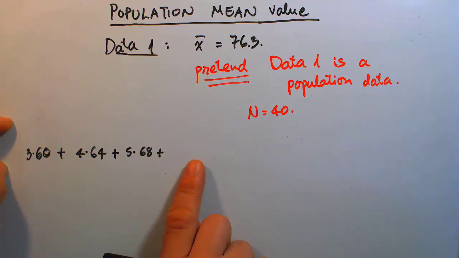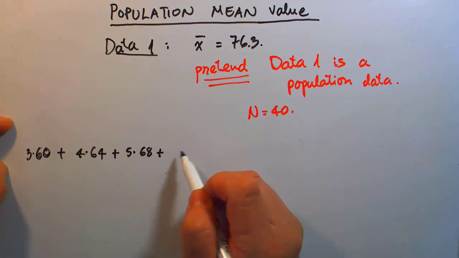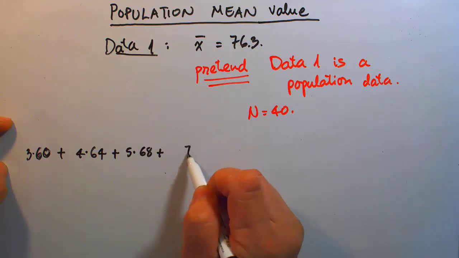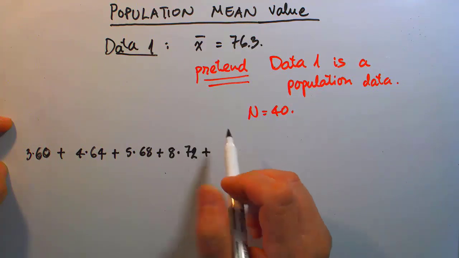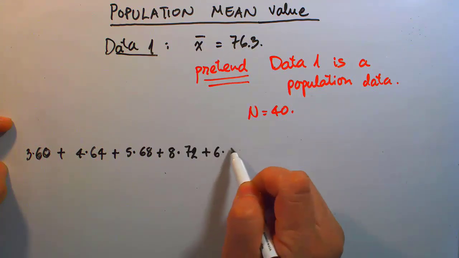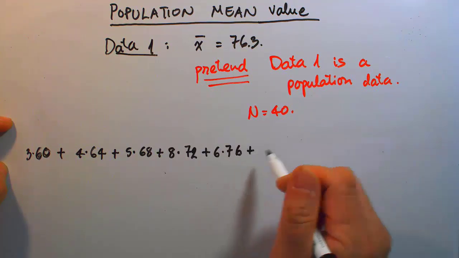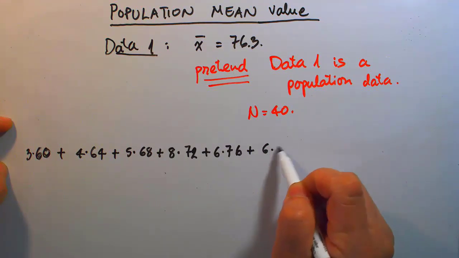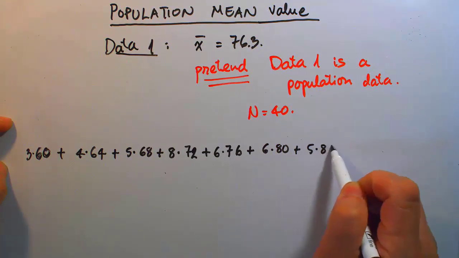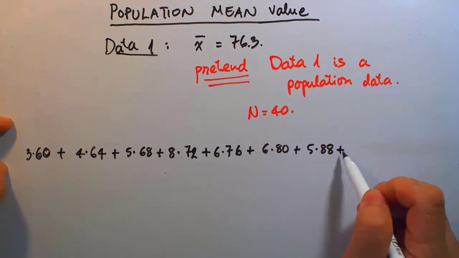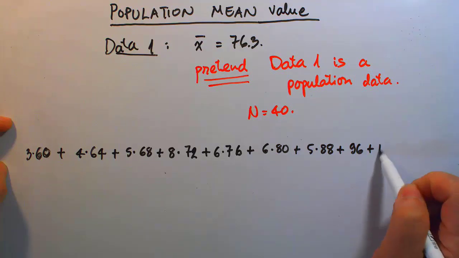I'm going to keep adding the rest of the value entries with their own frequencies. 72 happens at frequency 8, so 8 times 72, plus 6 times 76, and then 6 times 80. Then I'm going to have 5 times 88, and I'm going to add 1 times 96, and also 1 times 104.